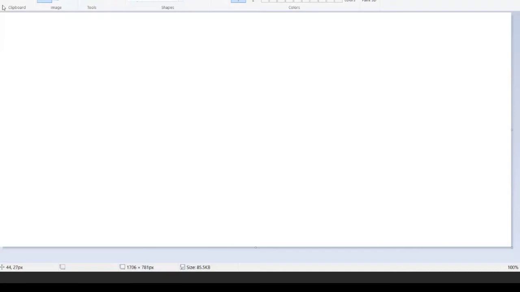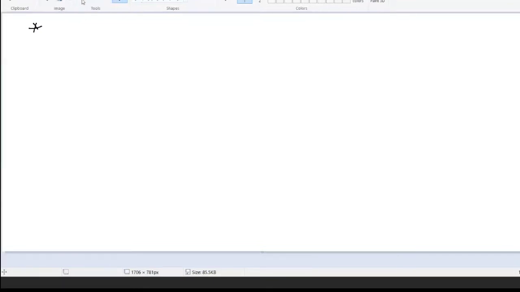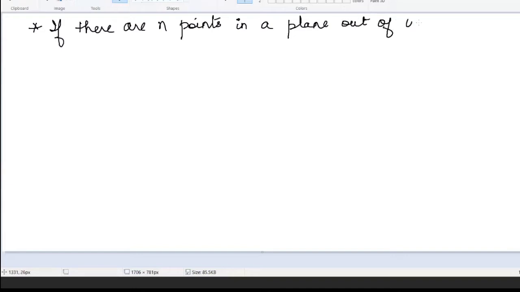Okay, next star. This is important. Again 1 mark could be asked from this. If there are n points in a plane, out of which k points are collinear.